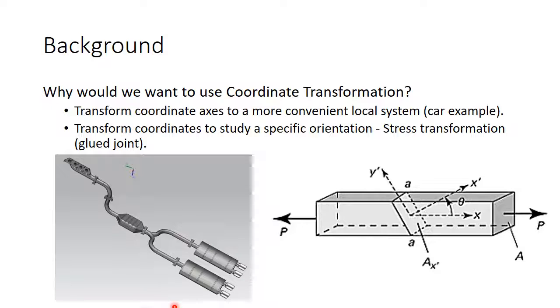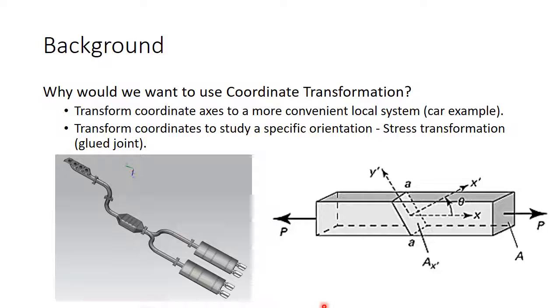So CAD uses coordinate transformation to transform this global coordinate system to a more convenient coordinate system for design. But because it's been transformed, it still works with your global coordinate system. You just use it as a reference, and you can switch back.